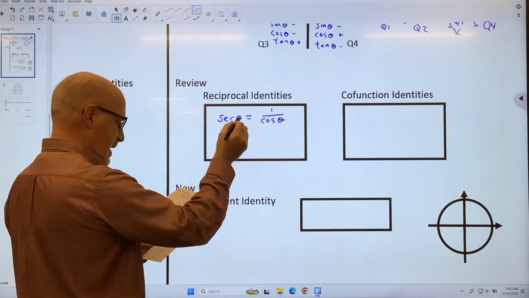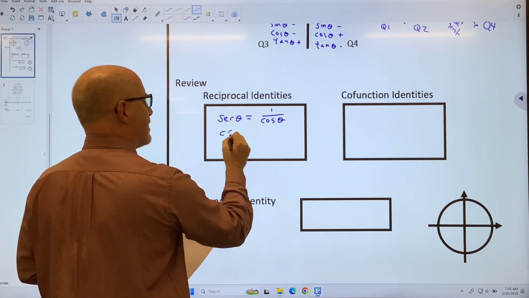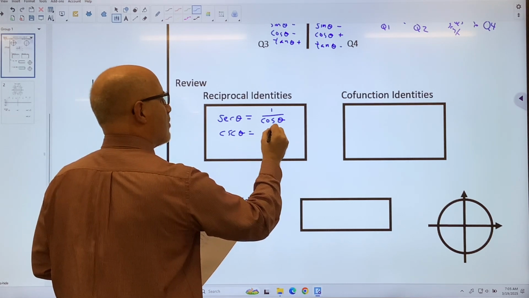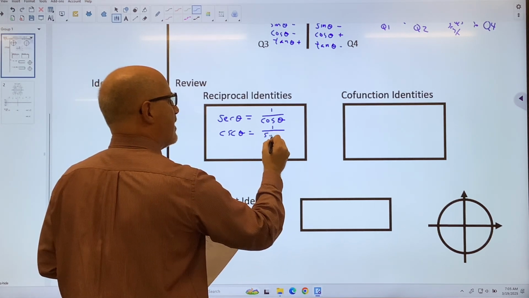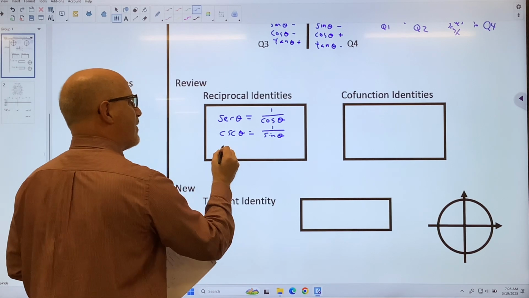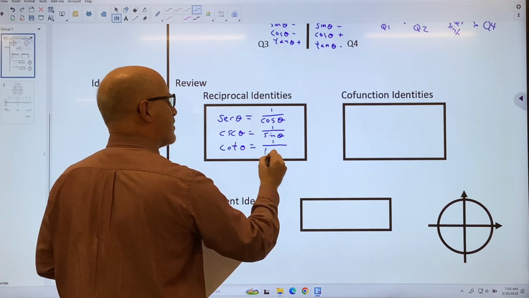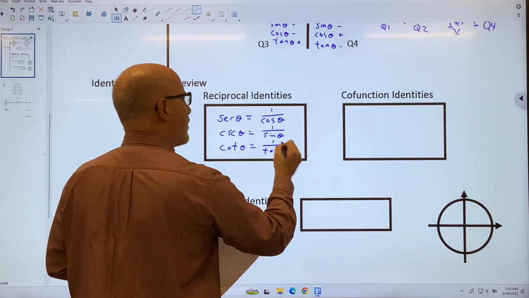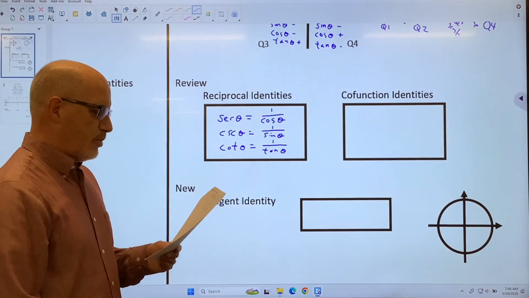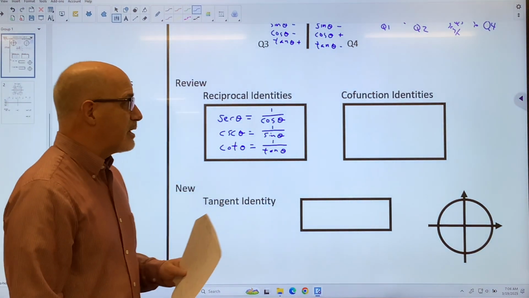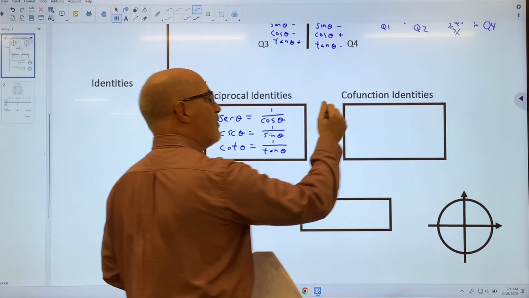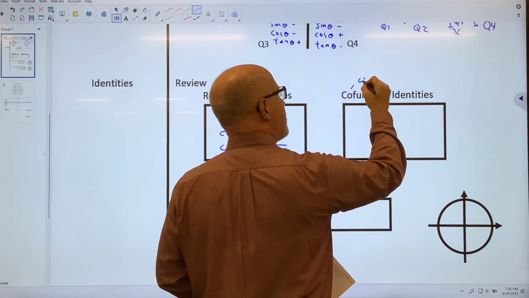If you want to find cosecant theta, you take 1 over sine of theta. And if you want to find cotangent of theta, that's 1 over tangent. So this is just a reminder of the relationship between those as reciprocals, and that will help us. Now the co in co-function refers to complement.